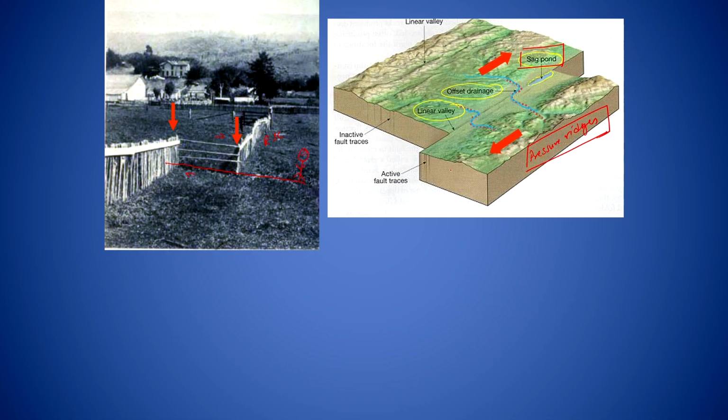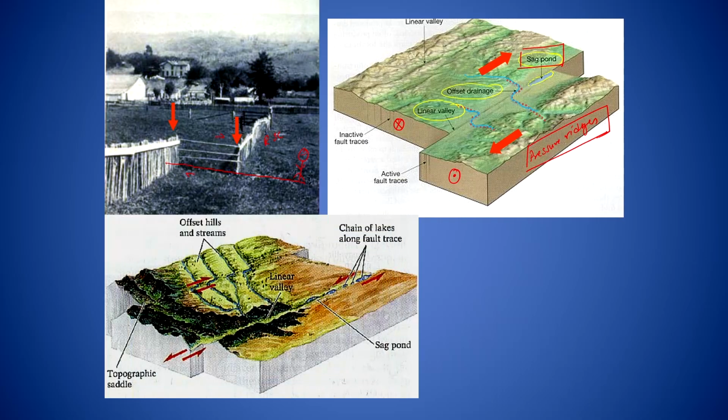So this is again a right lateral strike slip, and as I told you, even the ridges, if they exist in that area, will also get shifted, and offset will be seen.